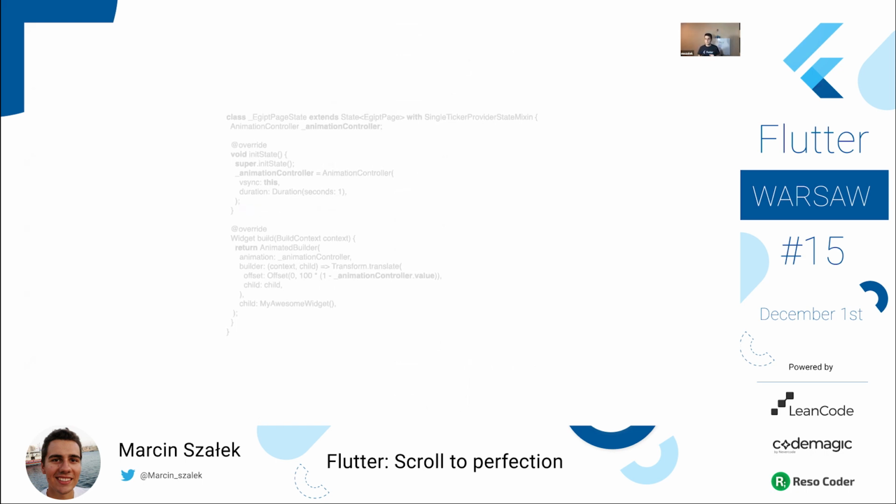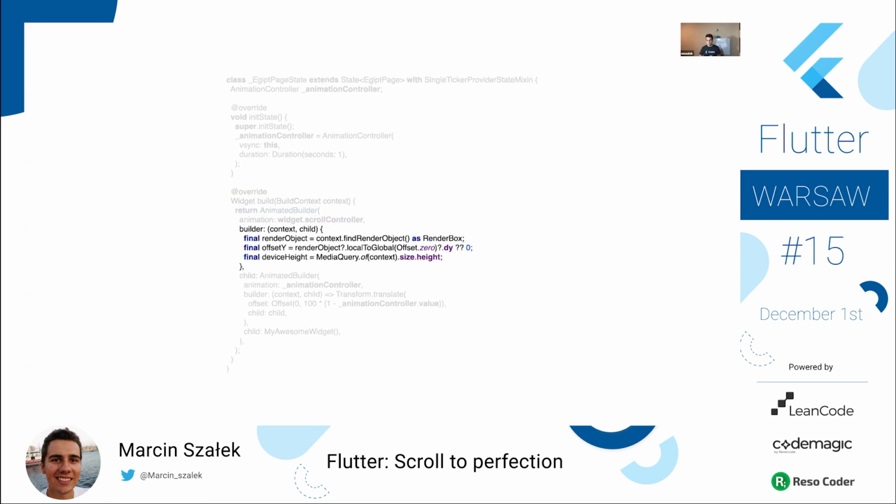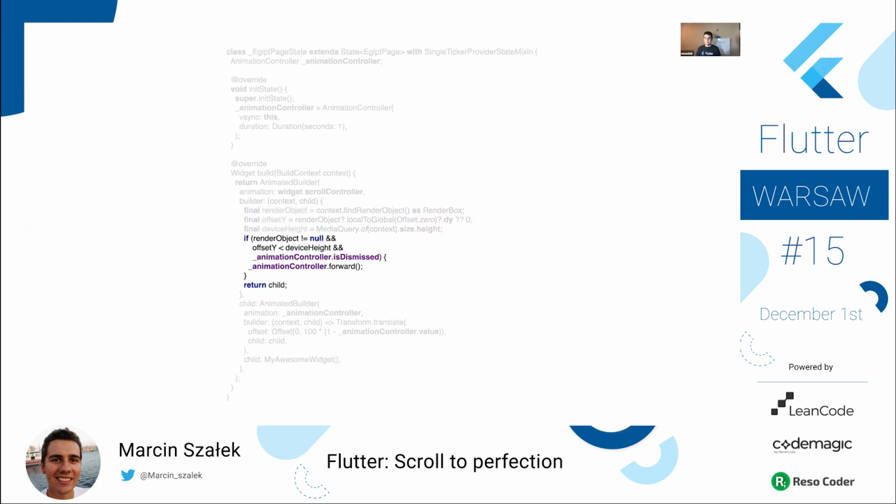But what we can do is the same trick as previously. We can wrap our widget in the animated builder using the scroll controller. And in the builder method, we can again get the offset y and the device height, the same thing as previously. And then we can just see if the offset y is smaller than the device height. What it means is we can see if the widget has started to be visible on the screen.